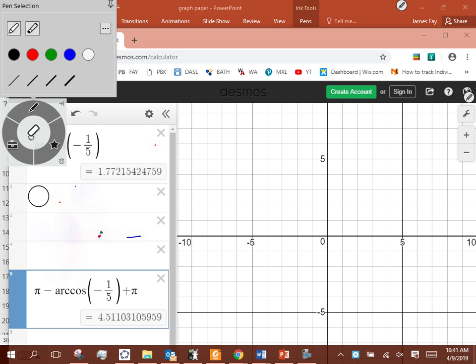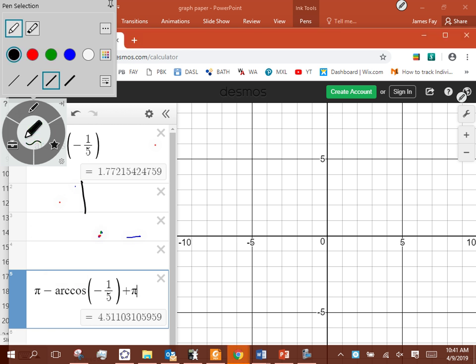because if we were to look at that first angle we got, that's 1.77 right there, right? Radians. If I look at that angle right there, that is negative 1.77 radians, correct? Does that make sense?